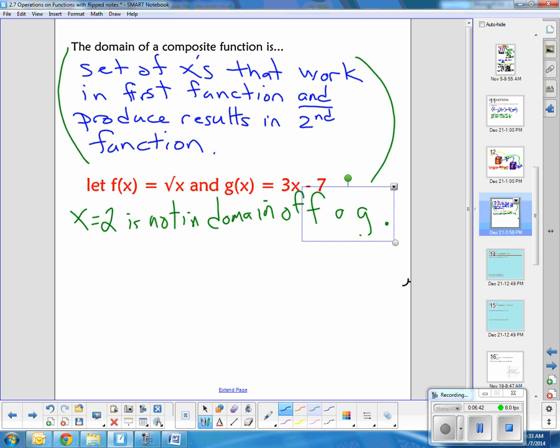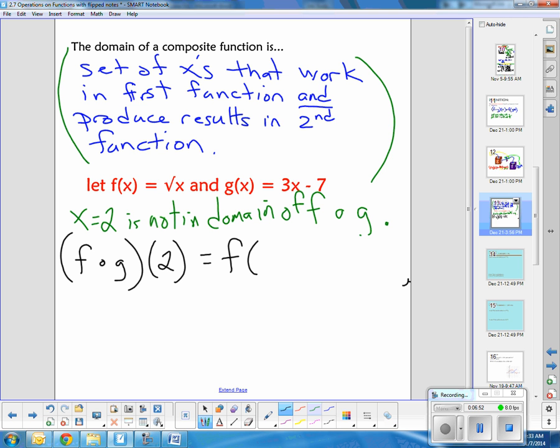So why don't we work with f open circle g? Now f open circle g of 2 would be f of g of 2. And so what that means is I've got to find g of 2 first.